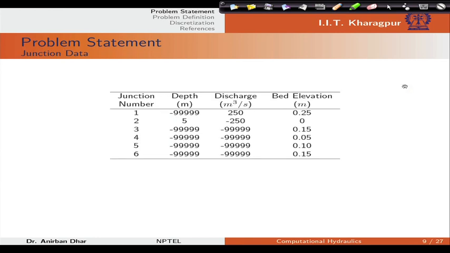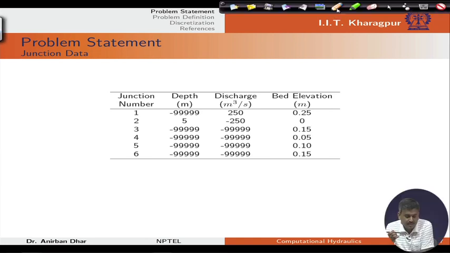Now, we need to supply junction data in this case. What is this junction data? First column, this is junction number starting from 1 to 6, depth is minus 99959. So, what is this? That means there is no information available for depth, but discharge is 250.